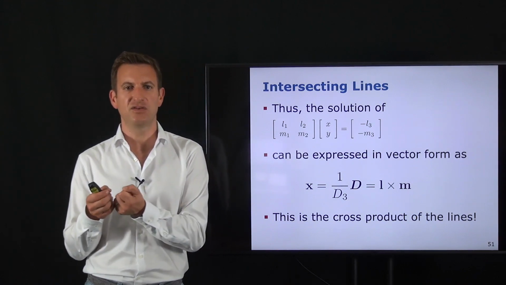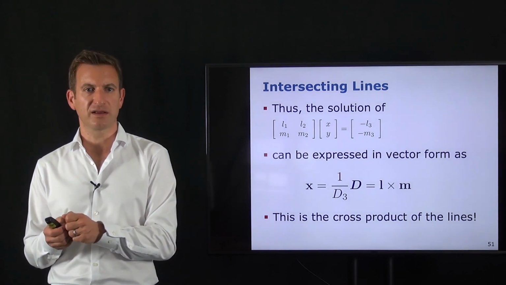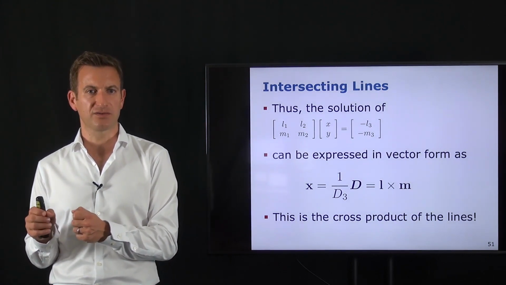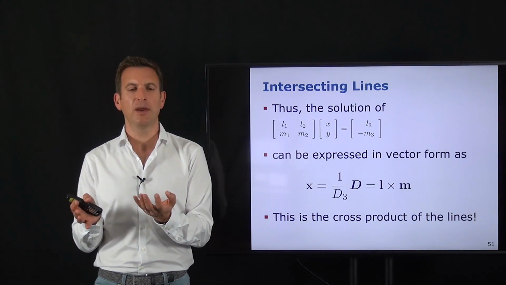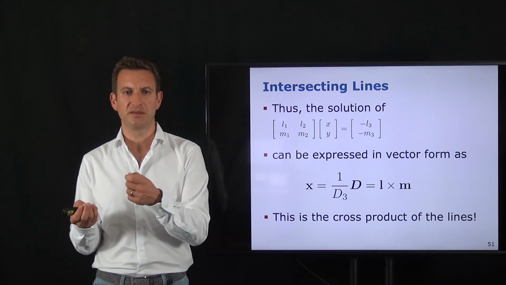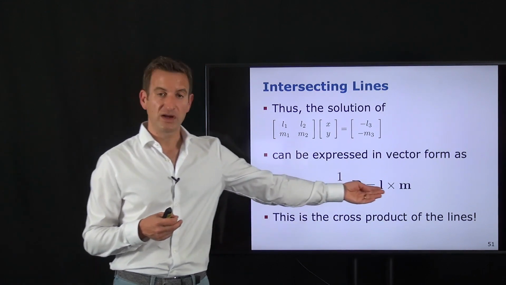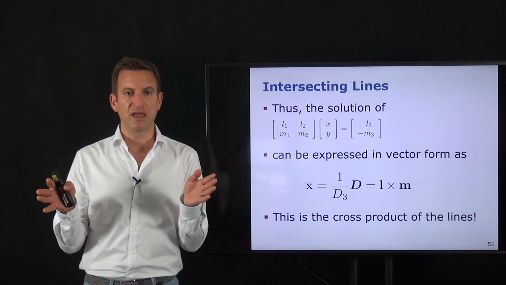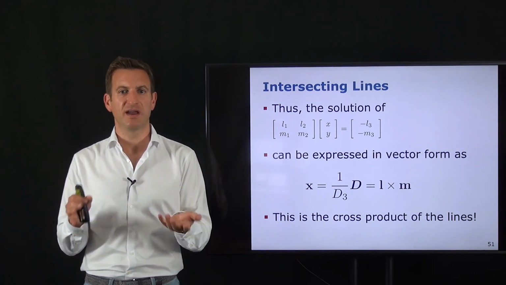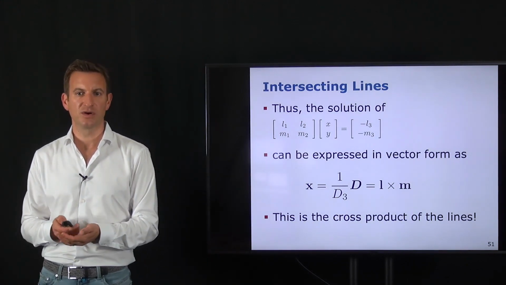It just lets you write down the intersection of 2 lines in a very elegant way, just by L cross M. So if you have a mathematical equation where you need to compute the intersection of 2 lines and then continue working with these 2 lines, you can write it down in this very elegant way. It makes the mathematical notation much more compact, and is very elegant if you write things down in homogeneous coordinates.